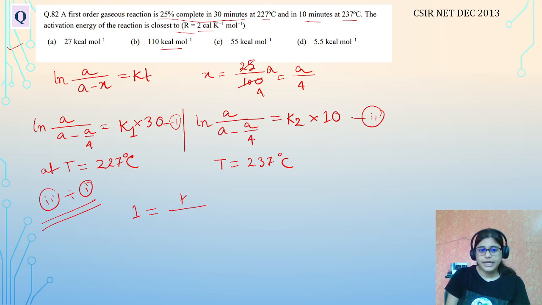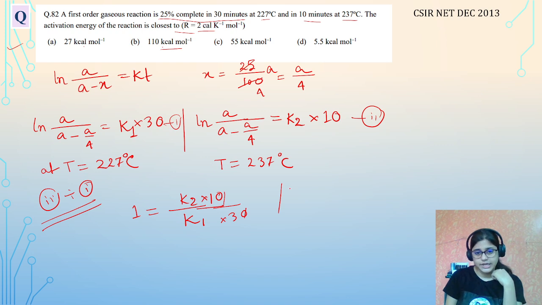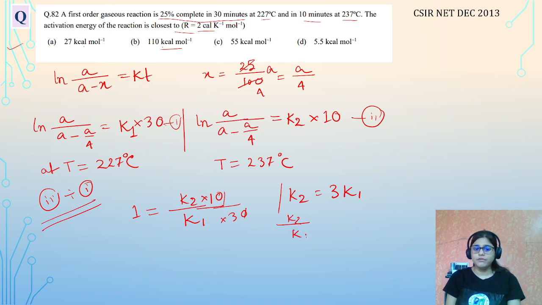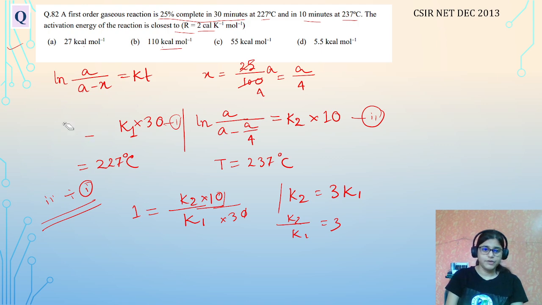And K2 into 10 by K1 into 30. So here the relation we get will be K2 will be equal to 3 K1. Fine. This we get, or K2 by K1 will be 3. Fine. So remove everything from here because there is another step.